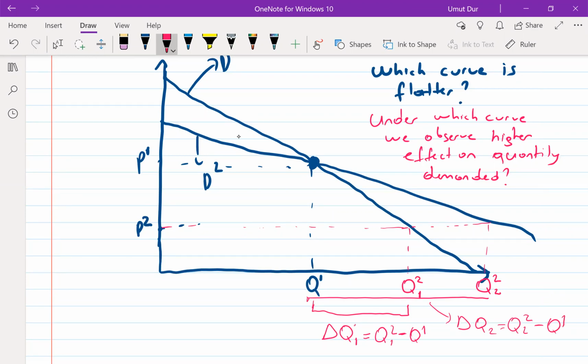So can everyone see that? The second curve is affected more.